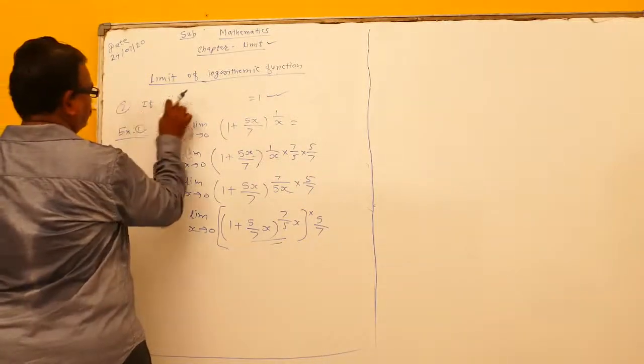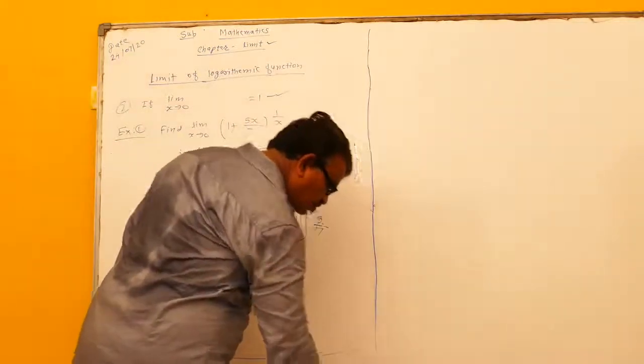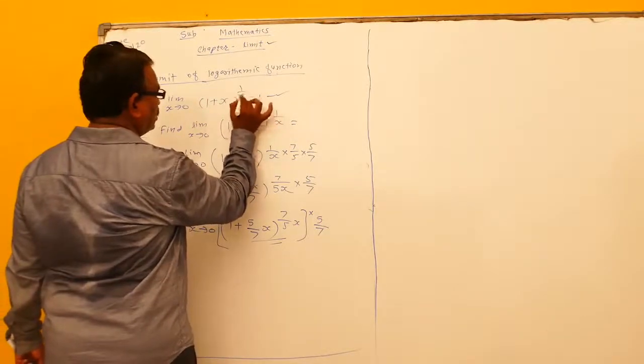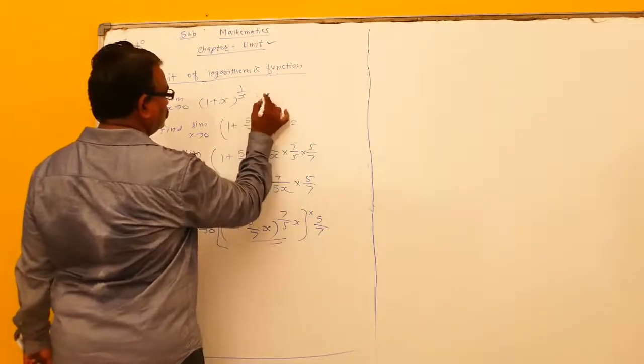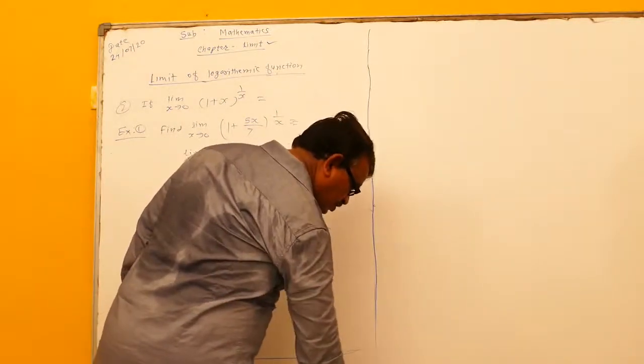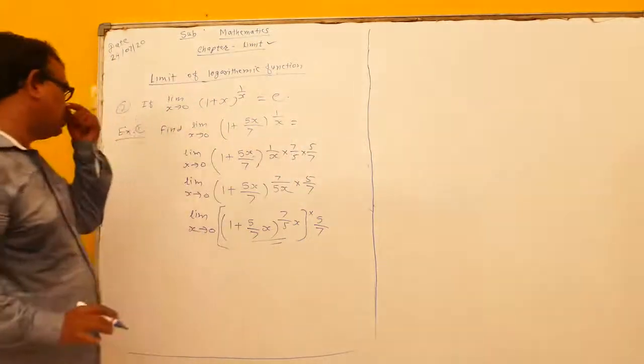Second formula: if limit of x tends to 0, 1 plus x to the power 1 by x is equal to e. This is the correct formula.